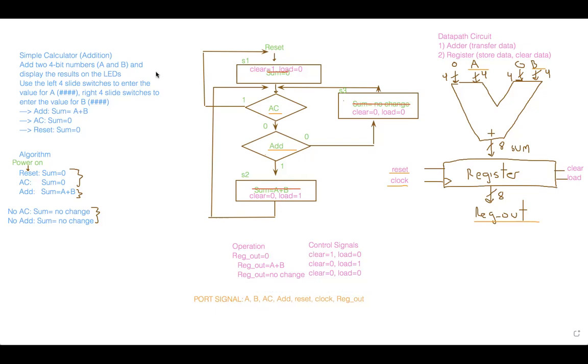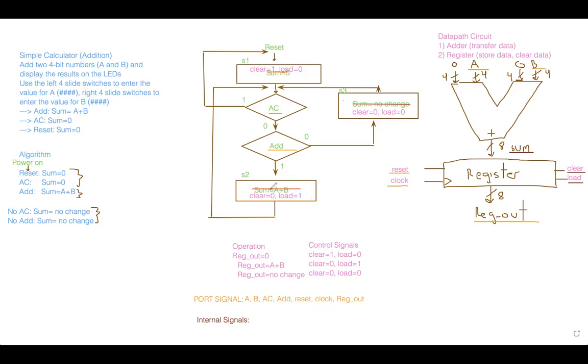Now we need to do internal signals, which I thought were a little harder. Once you determine your port signals, the internal signals are basically everything else. Let's first examine the circuit. It does the addition internally, so the sum, clear, that's done internally in the control circuit.